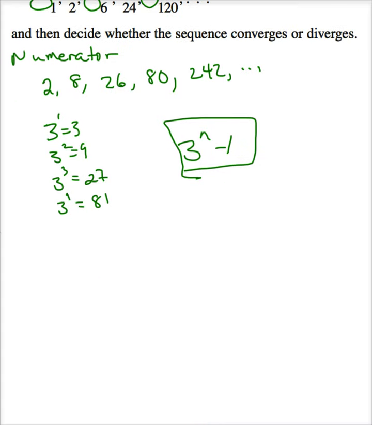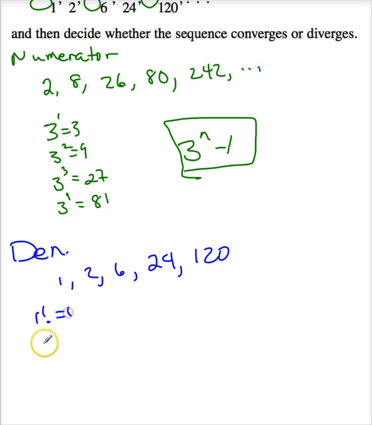Let me look at the denominator now. The denominator is 1, 2, 6, 24, 120. Now when they get really big like this, you need to start thinking factorials. So 1 factorial is 1, 2 factorial is 2, 3 factorial is 6.